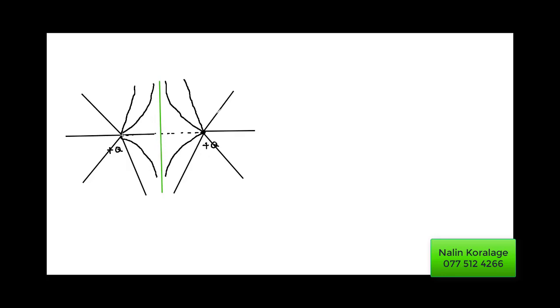If I place a tiny testing positive charge here, it is getting repelled away, and here also, away, away, away. If I place a testing positive charge here, this one is dominating and it is getting repelled. Why dominating? Because that one is a little closer to this one than this one.